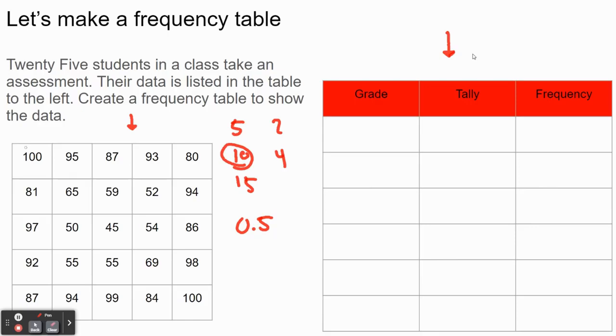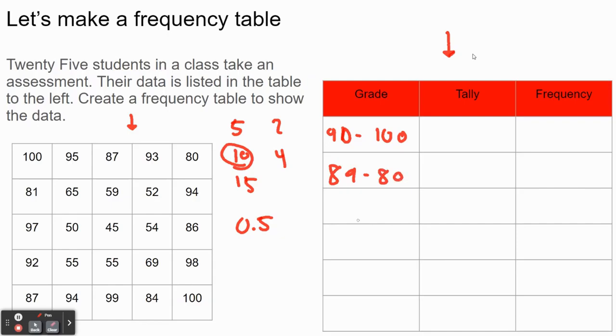So for example, I see that we have hundreds. Those are the highest we can go. So let's make this first category 90 to 100. So any grade that is between 90 and 100, we're going to mark here. We're going to do the same thing for 89 to 80.